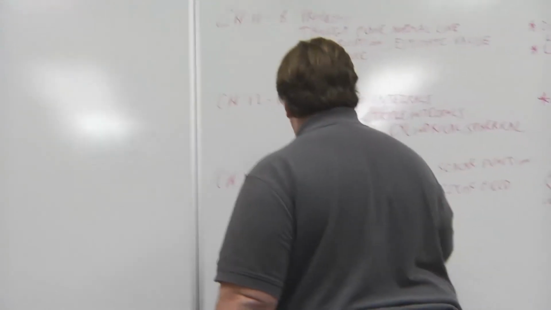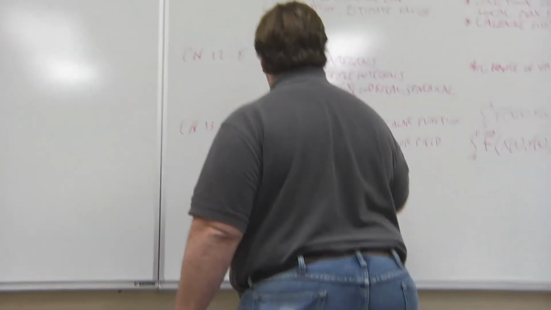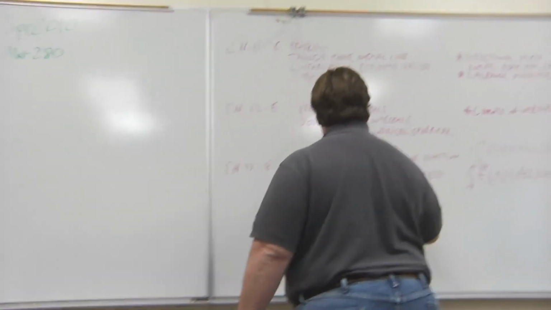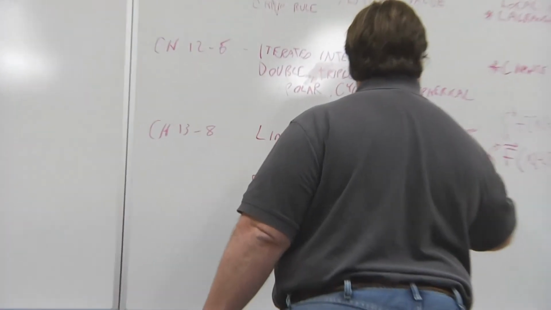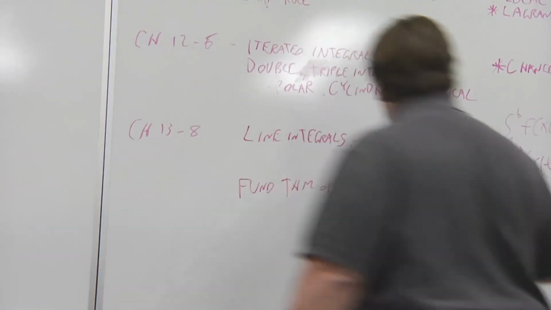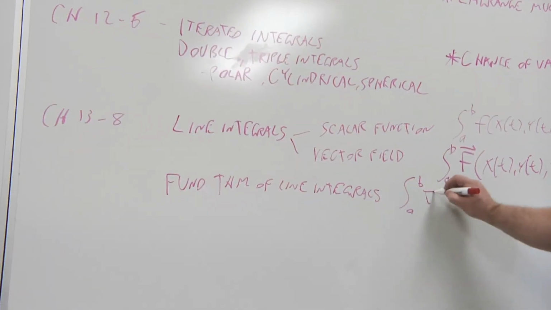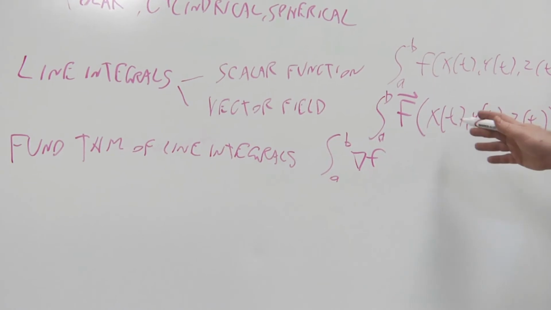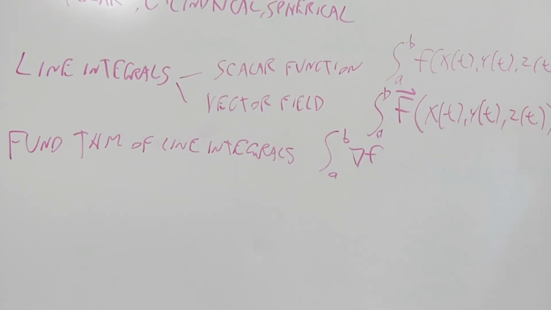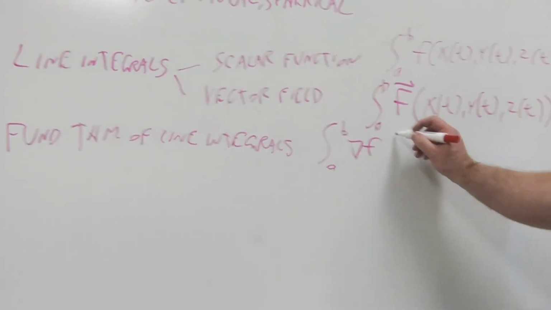Okay. Let's see. We also have the fundamental theorem of line integrals. It says that the line integral of a vector field that is a gradient. So if big F is conservative, it's a gradient of some little f.